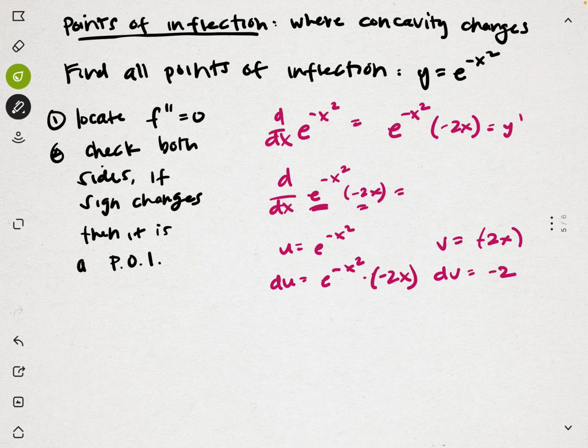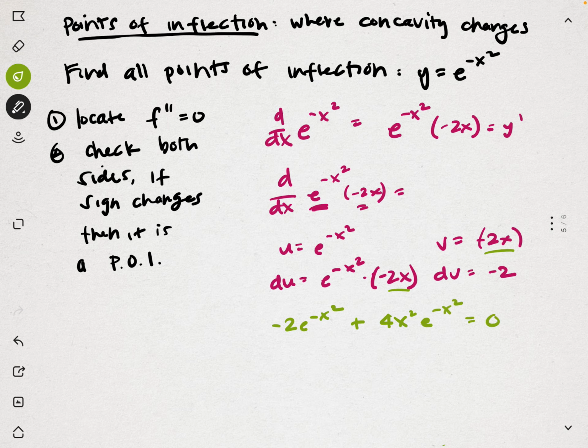Okay, so again, sorry, I messed it up. So u dv is correct, negative 2e to the negative x squared. For v du, I forgot to multiply this with this. So it's actually going to be 4x squared e to the negative x squared.